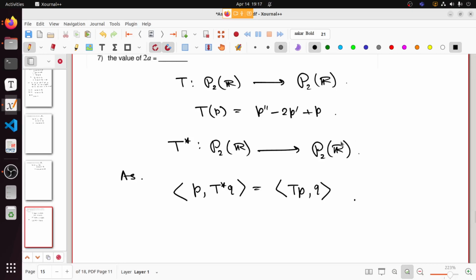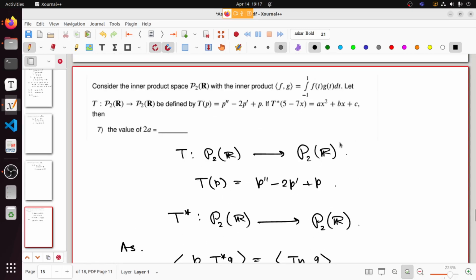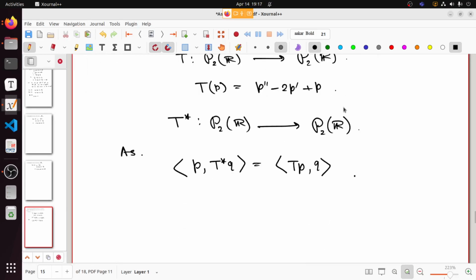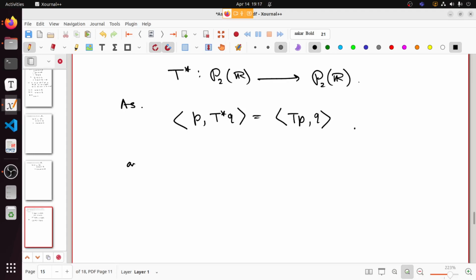So now put whatever is given. T*q is given as ax² + bx + c, and Tp is given as p'' - 2p' + p, right? So what we will then get, and the inner product is what? It's integral from -1 to 1. p is p(t). T*q, what it is?